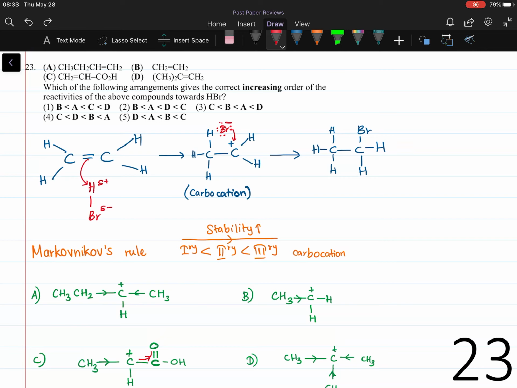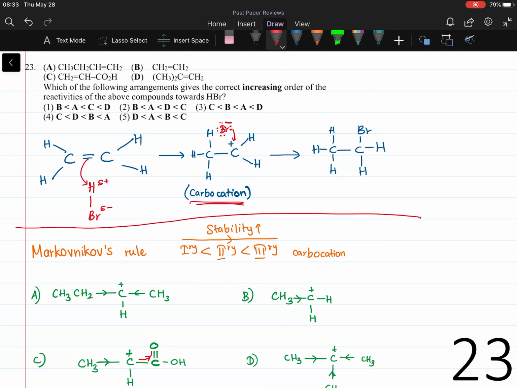So in these kinds of reactions, the reactivity depends on the intermediate carbocation and the stability of it. When we take the reaction itself, this is how it happens, the electrophilic addition reaction. And the stability of the carbocation depends on the positive charge on the carbon. If the positive charge is less, the stability is high, and vice versa.